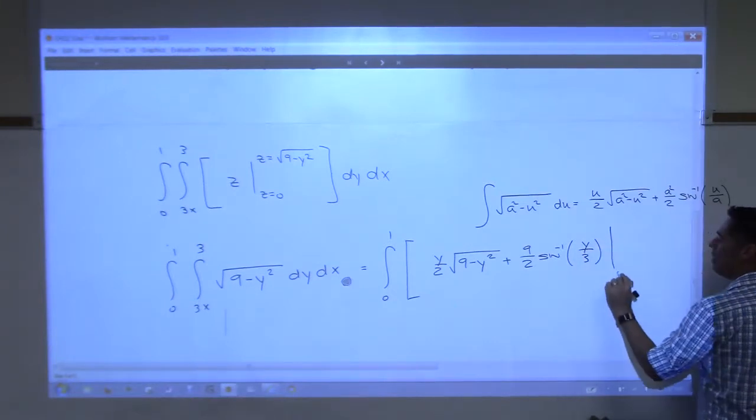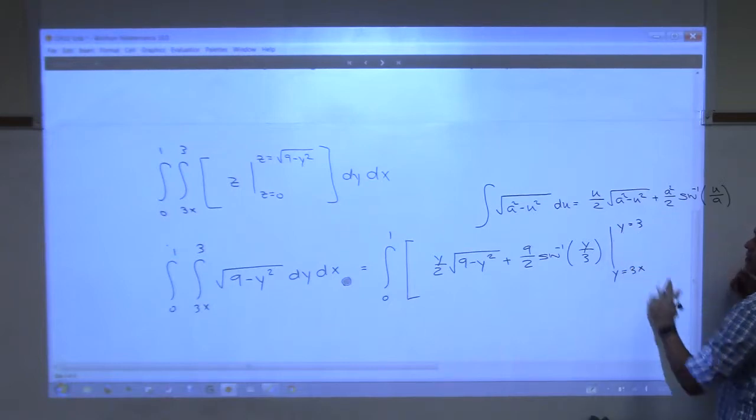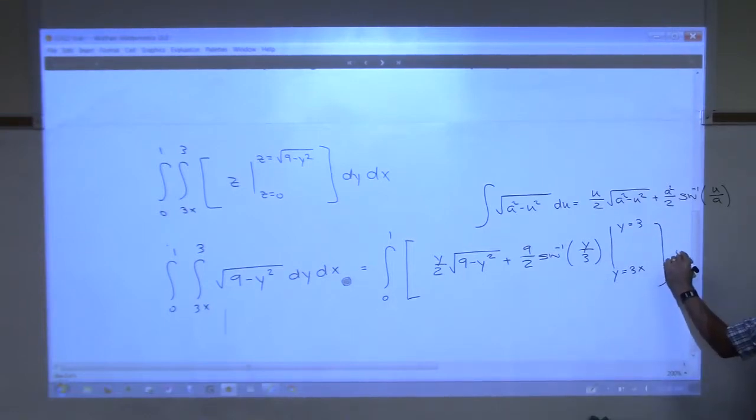And then we want to evaluate that from y equals 3x to 3. So then we've got to replace all of our y's with 3 and then all of our y's with 3x. Subtract. Ooh, messy, right? You can see why I said set up but do not evaluate?